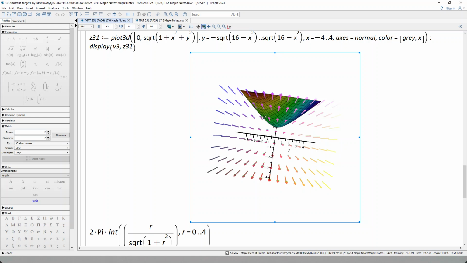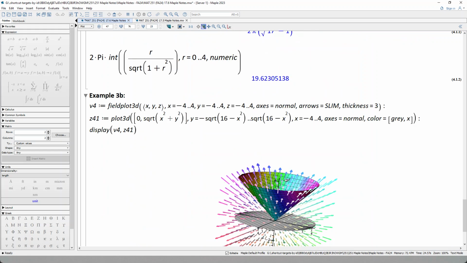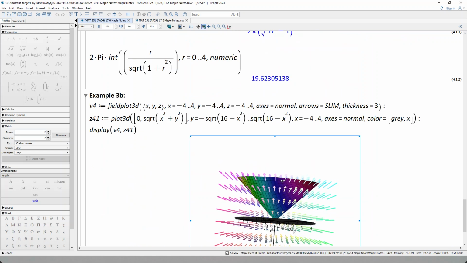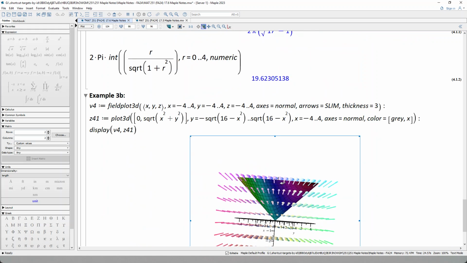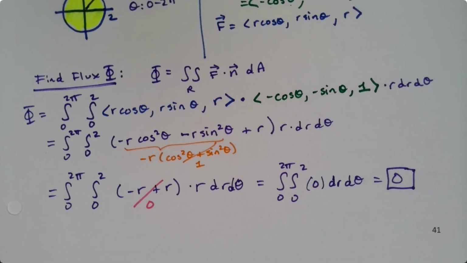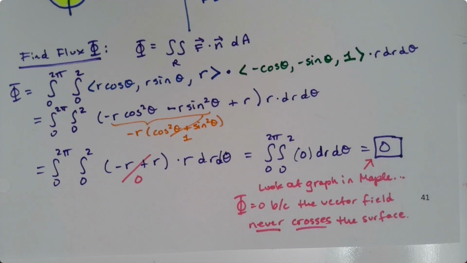So that's not perfect the way that the other one is. If you line up this one, those arrows line up perfectly. They don't cross the surface at all. So there's no flux because the vector field does not cross the surface. It goes with the surface. So that's what I wrote right there. We don't have any flux because that vector field's never crossing the surface. It's actually just kind of flowing along with the surface.